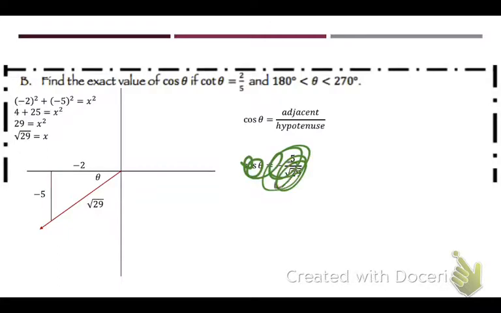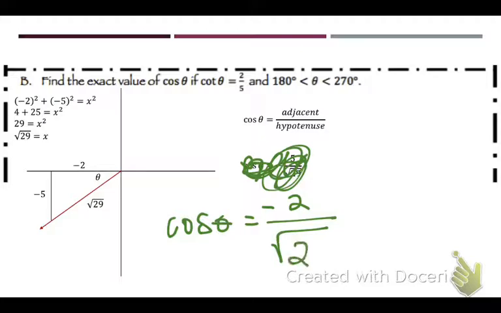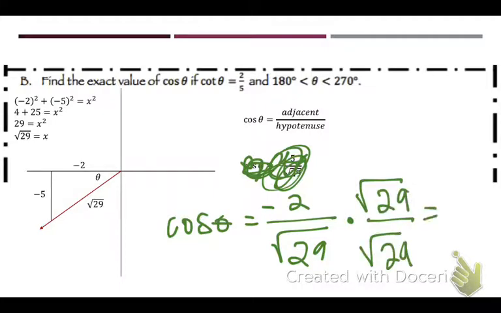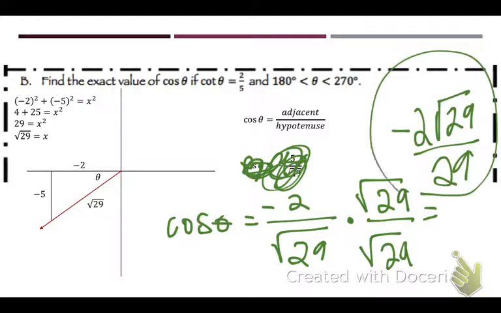Ignore that. That would have been sine. So cosine is adjacent, which is -2, over the hypotenuse, which is the square root of 29. I need to get that square root out of the denominator, so multiply by the square root of 29 over the square root of 29. And that equals -2 square roots of 29 over 29.